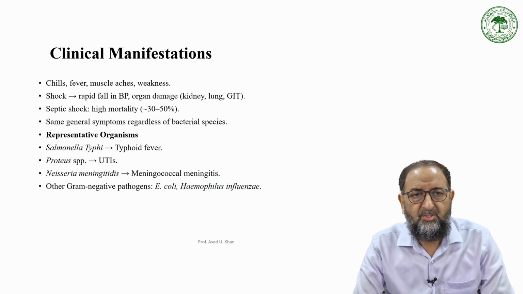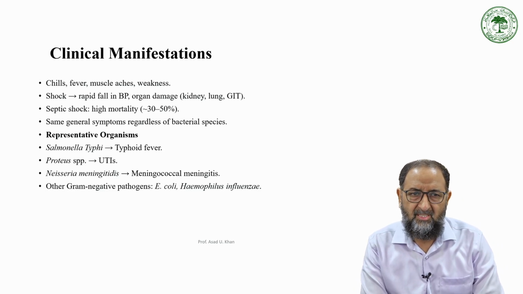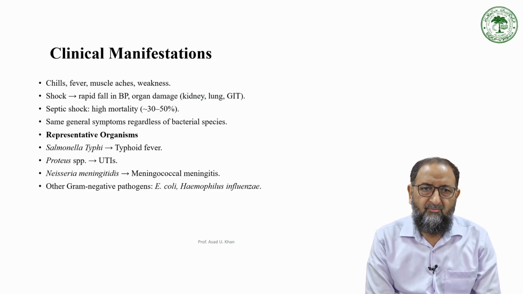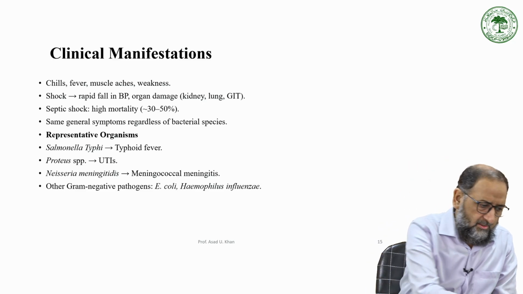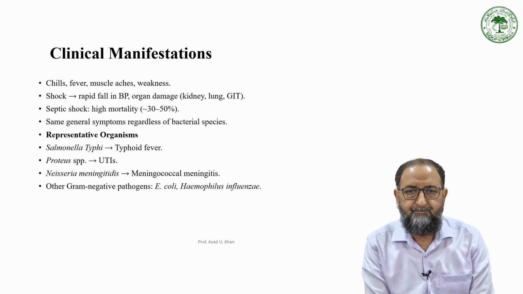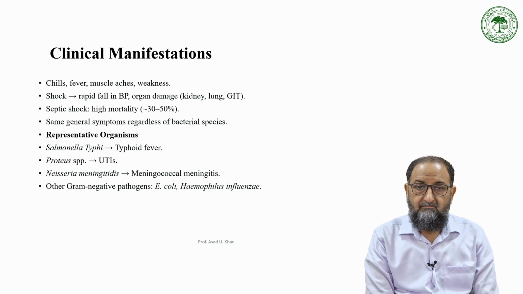The clinical manifestations of these toxins are chills, fevers, muscle aches, weakness, shock, like a rapid fall in BP, and then organ damage: kidney, lungs, GIT, gastrointestinal tract. In septic shock, high mortality, about 30 to 50%. Same general symptoms regardless of bacterial species.